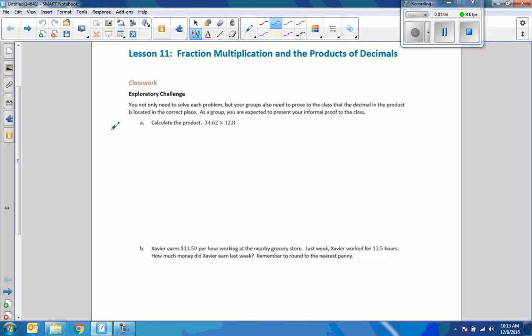I want one person to do an estimate, a rounding, and then one person to multiply using decimals, and then one to multiply using fractions.